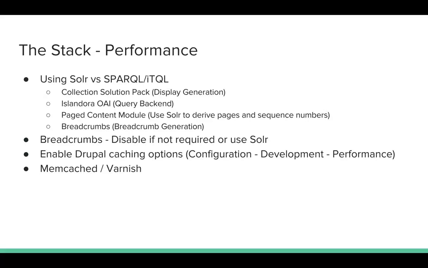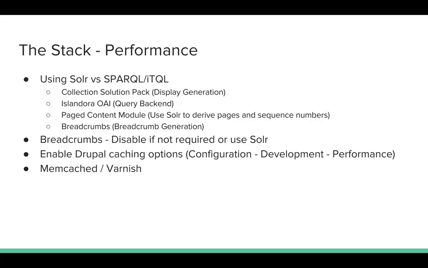The more objects you get, the worse it's going to perform in that particular collection. If you're running into issues with that, go into the collection solution pack properties and switch it to Solr, and it should be significantly better. There are a few other fields you might have to fill out so it knows what to order by.